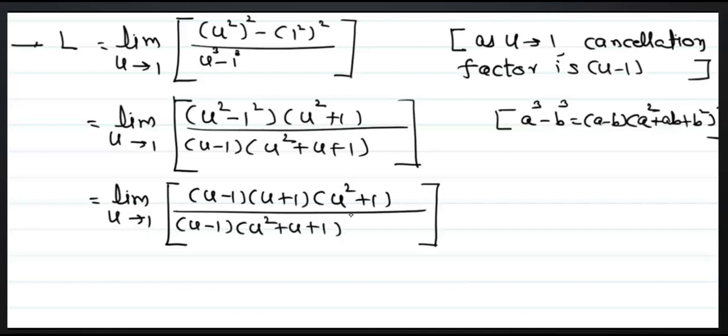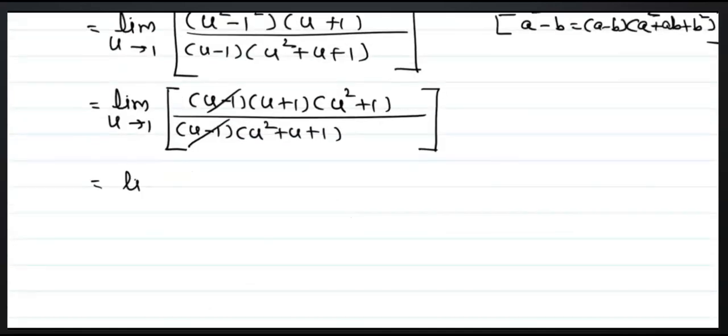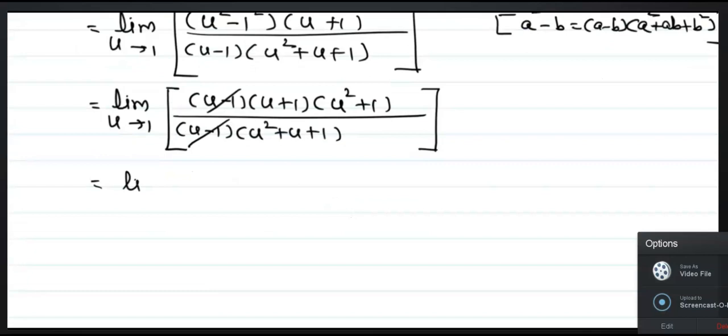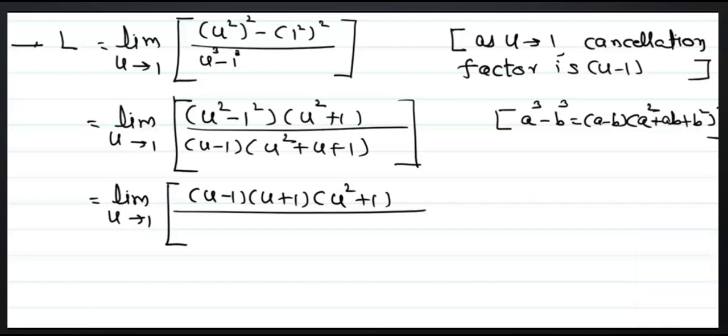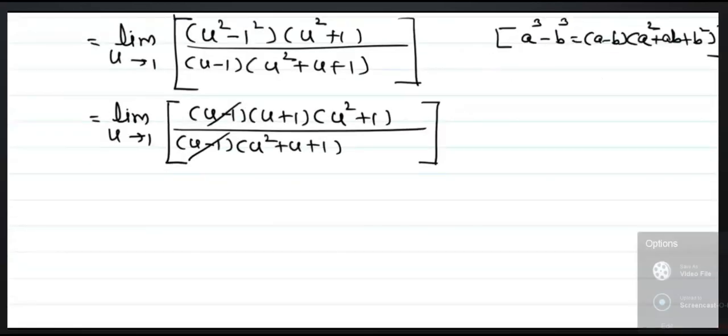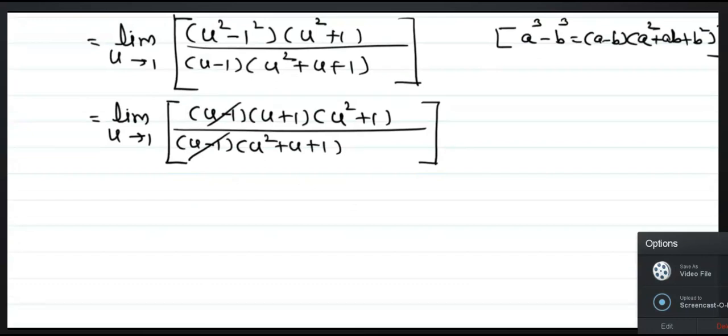Again I had factorized it. Now here, u minus 1 from the numerator and u minus 1 from the denominator get cancelled. Now you can see this once again: u minus 1 from the numerator and the denominator get cancelled.